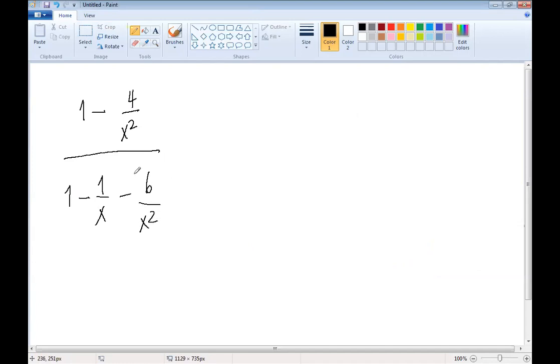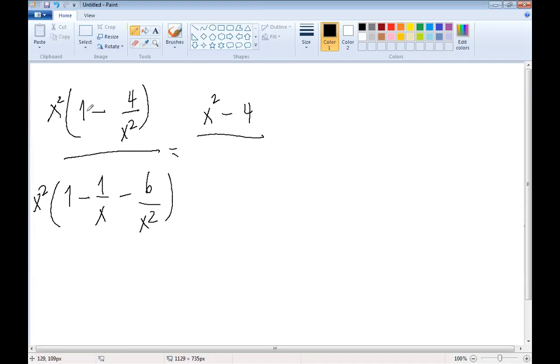So what will be the LCD? Here you can have the highest exponent, which is x squared. So therefore, we have to multiply everything by x squared, right? So we have now x squared minus 4, the top part, okay, over, multiply this one by x squared as well.